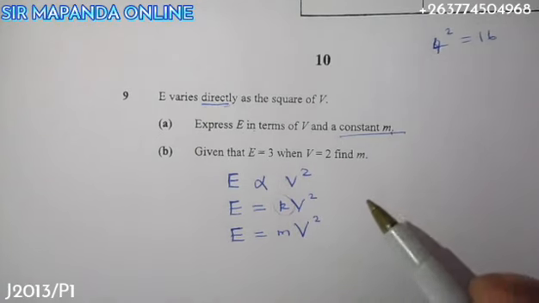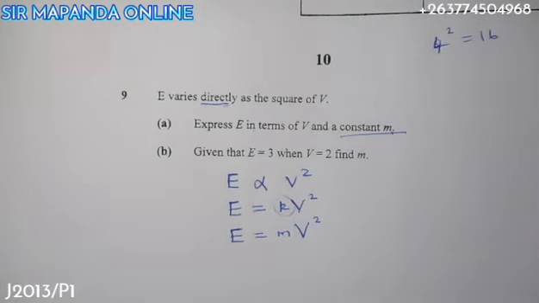K is a common constant which is used in the majority of variation questions. We normally use K as the constant, but this time around the examiner wants you to use M instead of K. So if you write E is equal to K V squared, you will be marked wrong. They want you to use M as their constant.